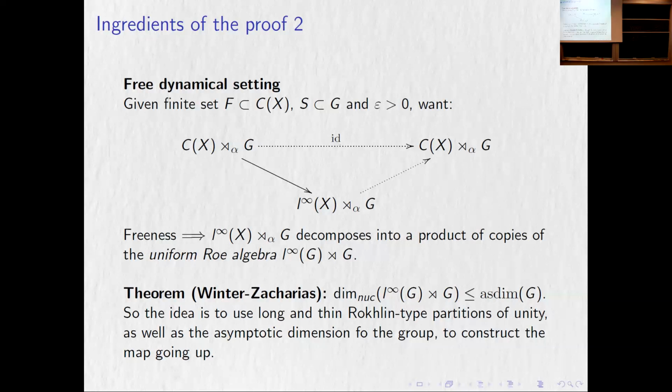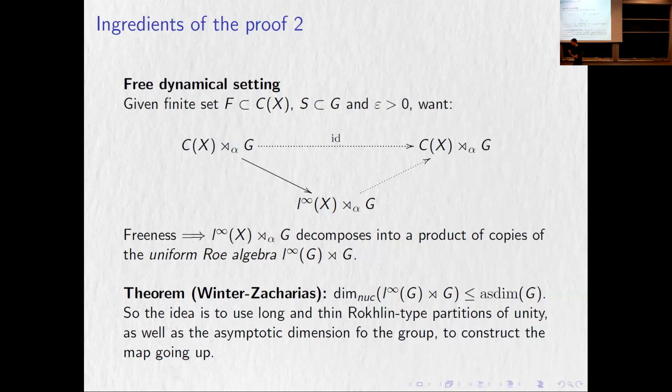And so we have uncountably many invariant copies of G acting on itself, right? And this crossed product is what's known as the Roe algebra, the uniform Roe algebra, right? So instead of having lots of different points in L infinity, I have lots of different copies of the Roe algebra.